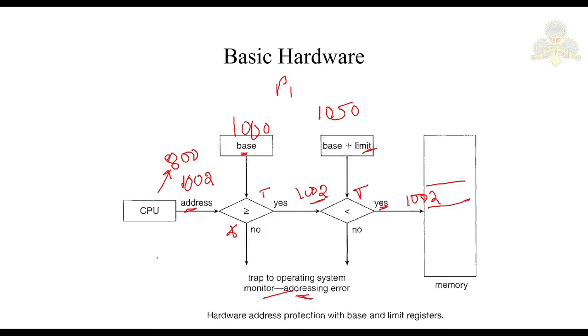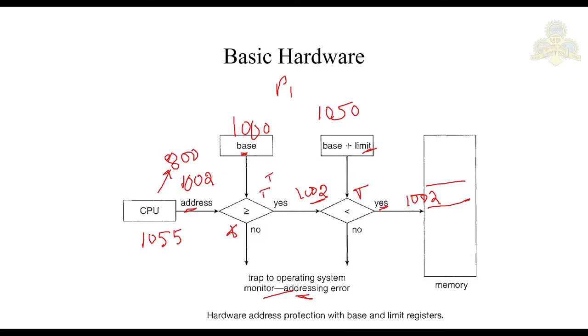Now let us take one more example. Say the CPU has generated the address 1055. Now this 1055 is first checked with the base value. So 1055 is greater than your 1000, right? Again, this is a true condition.